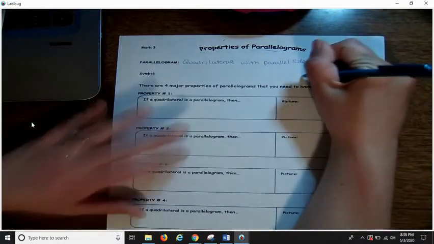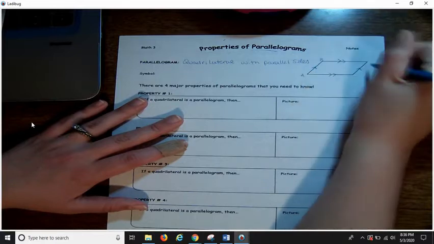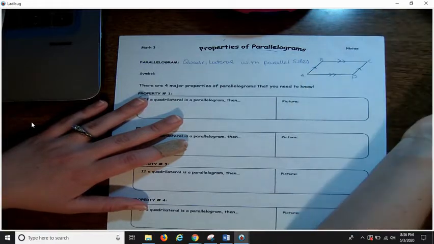Let's go ahead and name this A, B, C, D. Let me zoom in a little bit. Again, I know that I have a fancy sheet, but feel free to do this on notebook paper. Not a big deal.